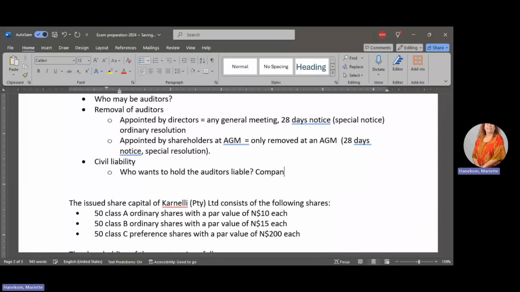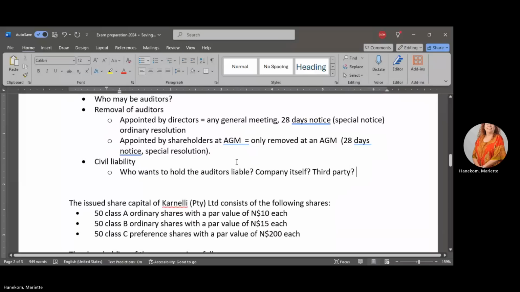Is this the company itself, or a third party? Why do you need to decide this before you start answering? Of course, this is one of those questions that you ask yourself in your mind before you start answering. Not going to get marks for this, but it's going to determine the content of your answer.